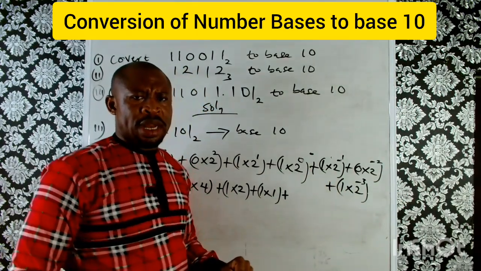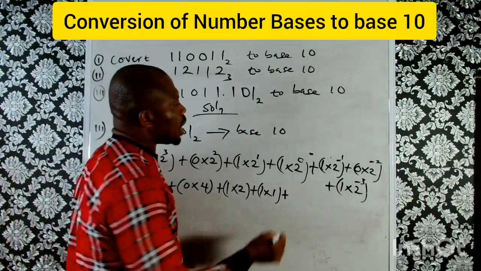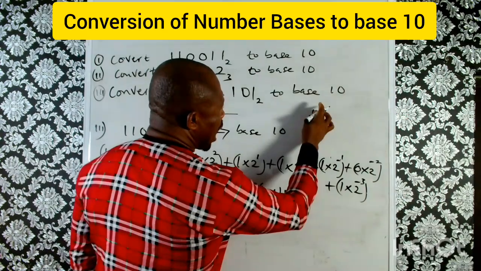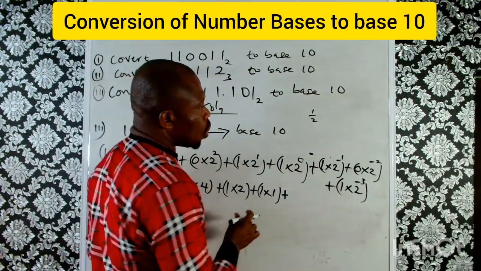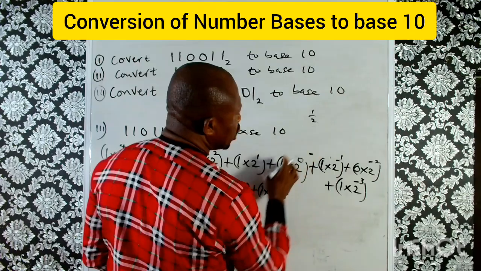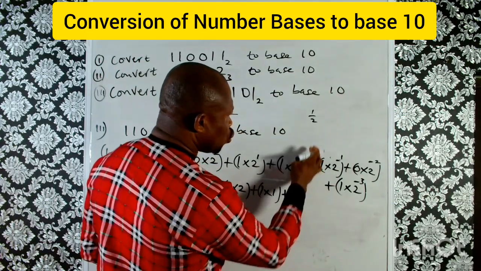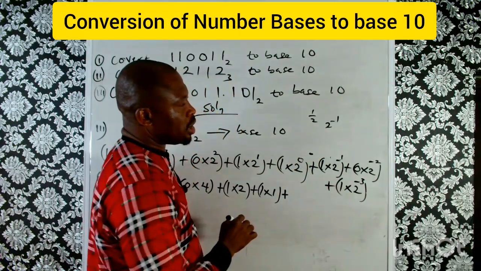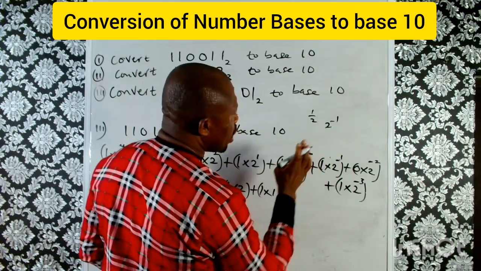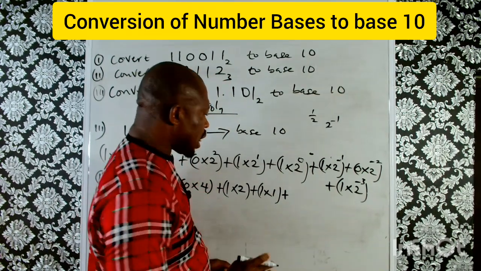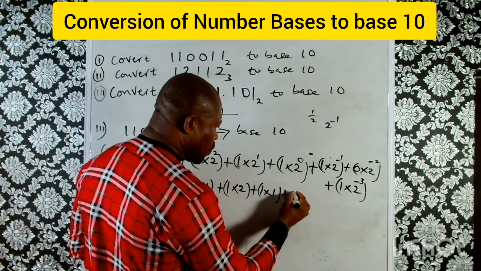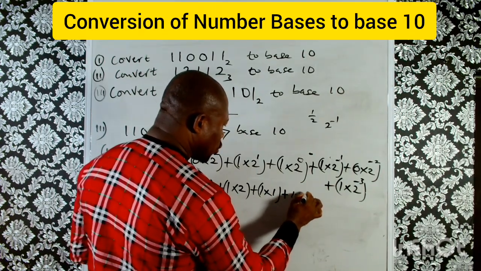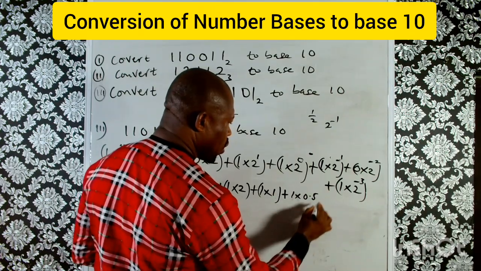Now, 2 raised to power minus 1 is the same thing as writing half. And of course, half is 0.5. So plus 1 times 0.5.